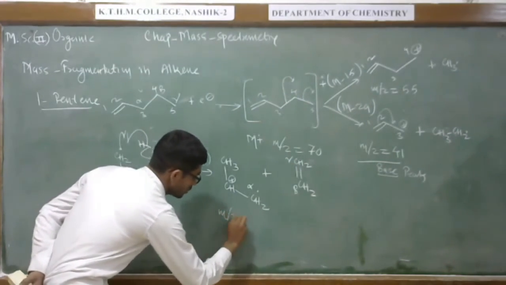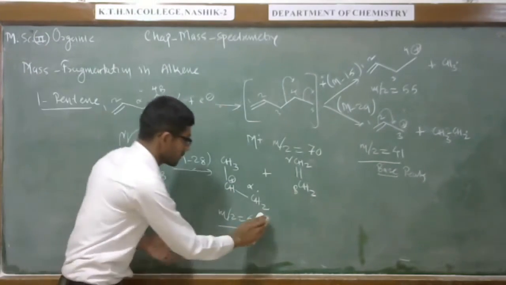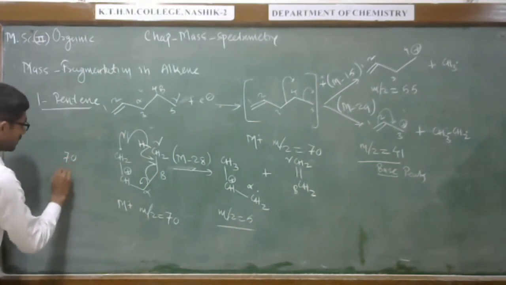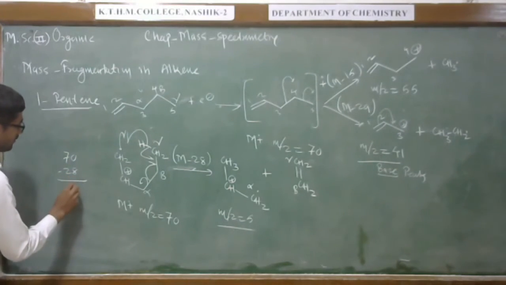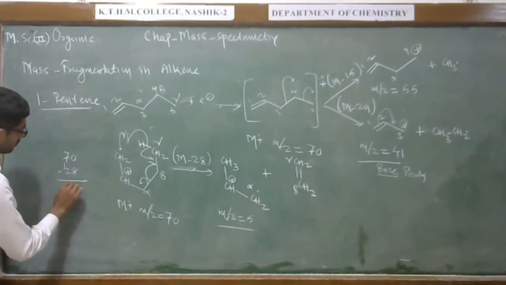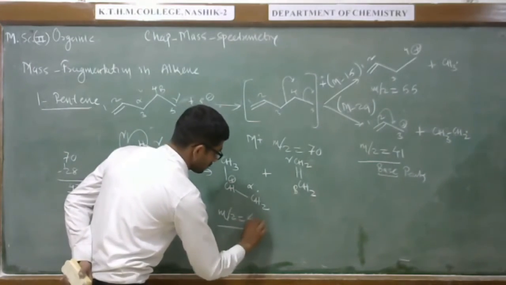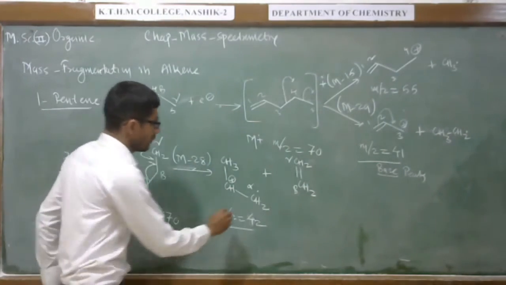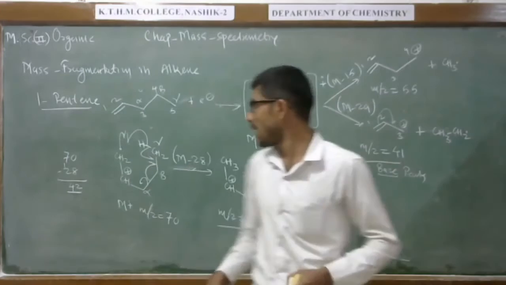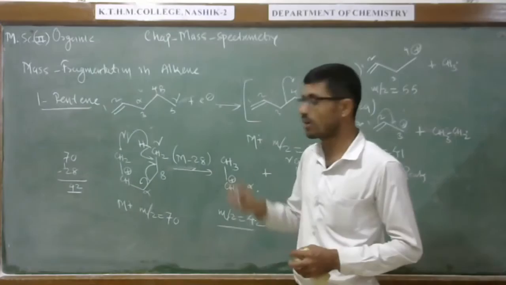Mass to charge ratio, we get this peak at the value 70 minus 28, this value comes out to be 42. So at this value we get this peak, with radical and positive charge. Because of McLafferty rearrangement we get this kind of peak. So this is about McLafferty rearrangement.